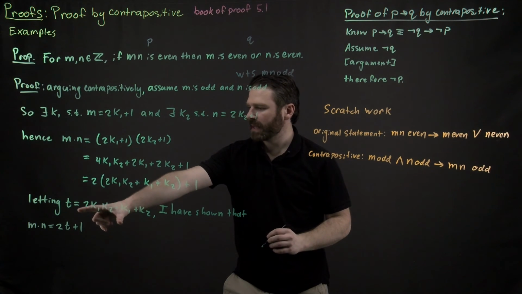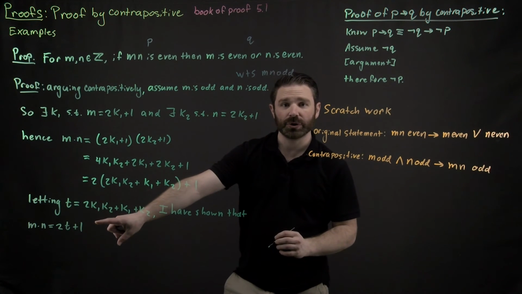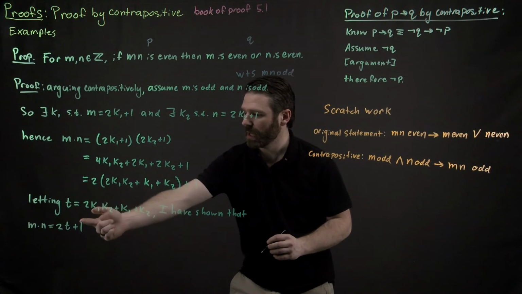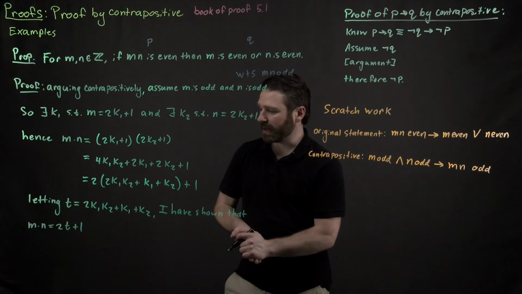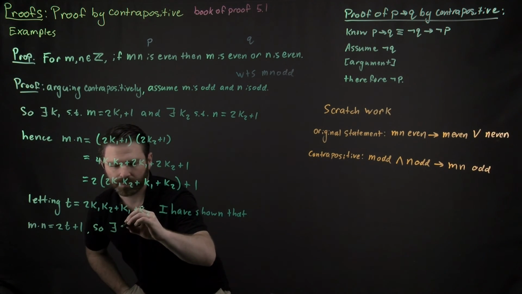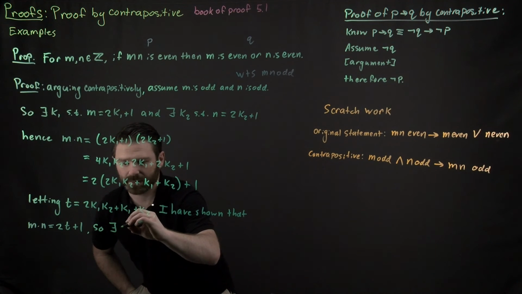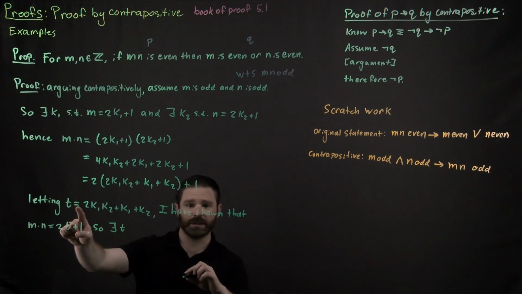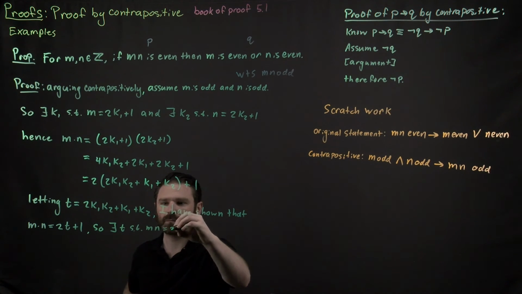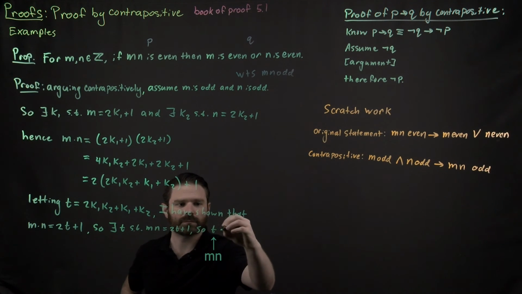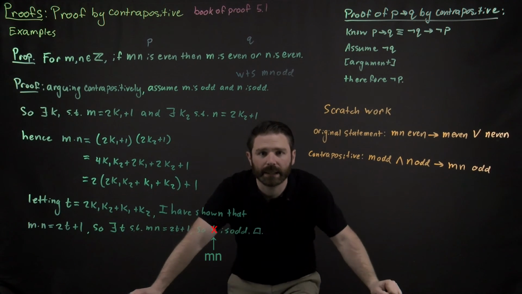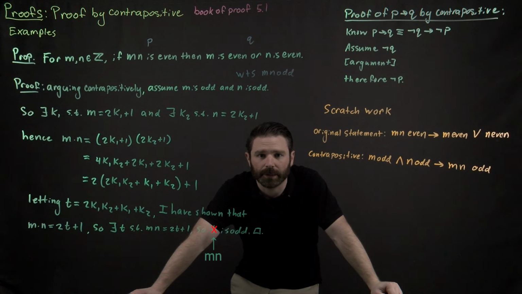I have shown that m times n equals 2 times some other integer, this nice complicated expression right here, plus 1. Therefore, there exists some number t, and I've actually given it to you right here, such that m times n is odd, and I can go ahead and conclude my argument.